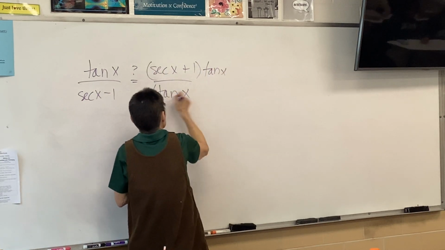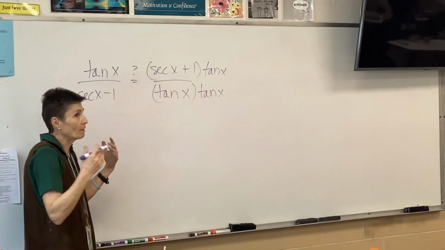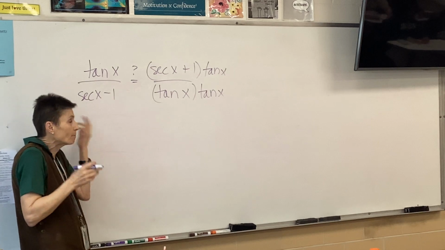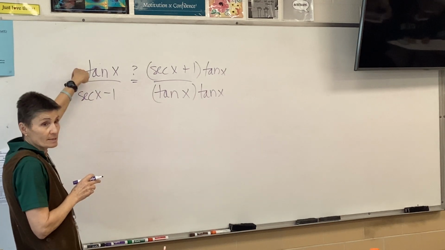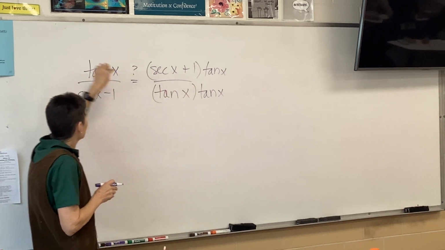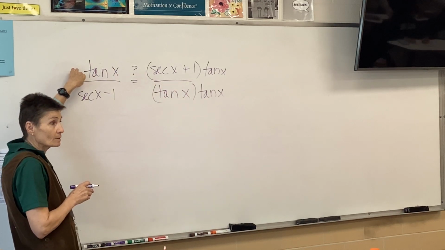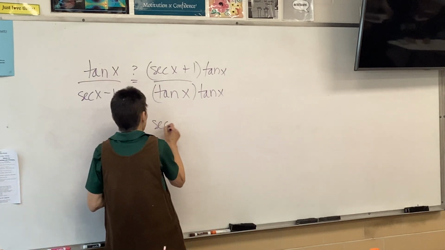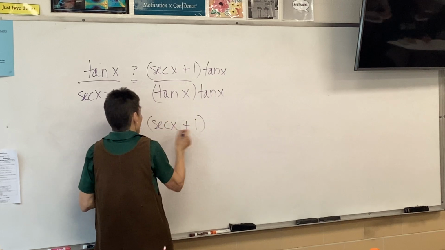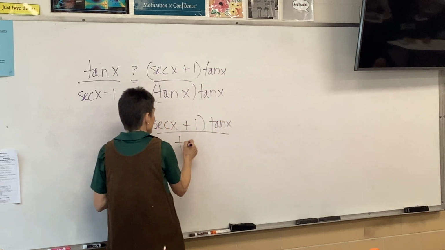We did this the other day, and what was our logic? Why did we all of a sudden say, oh, I think I'll multiply top and bottom by tangent? Because if I'm working over here, don't I want to have a tangent in my numerator? So she says, I'm going to stick one up there. Okay, well, let's see what happens when I do that. It makes my denominator tangent squared.